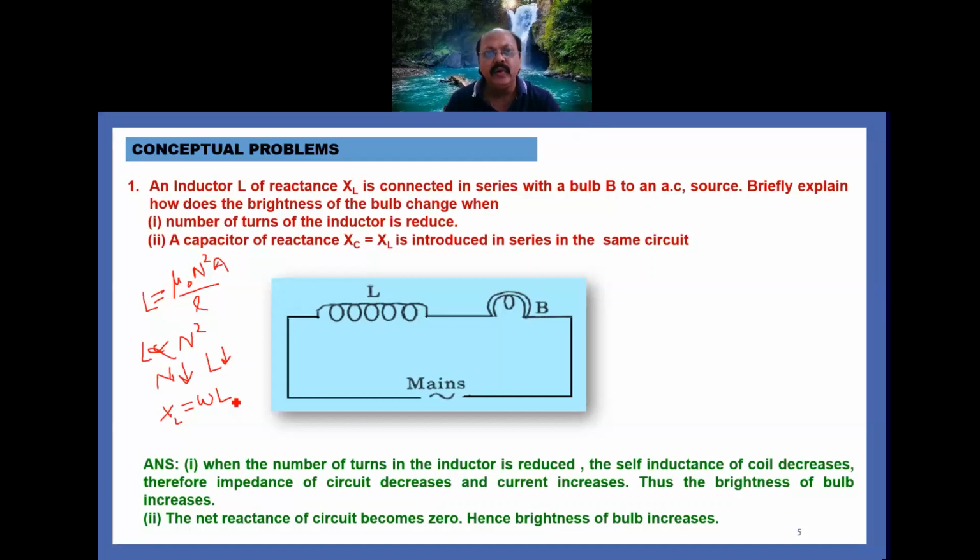With Xc equal to XL, the net reactance, Xc minus XL or XL minus Xc, becomes zero. So in the circuit you get the minimum impedance, that is Z equals R, the resistance of the bulb. So the current becomes maximum, as a result of which the brightness of the bulb increases. So this is the explanation of this conceptual problem.